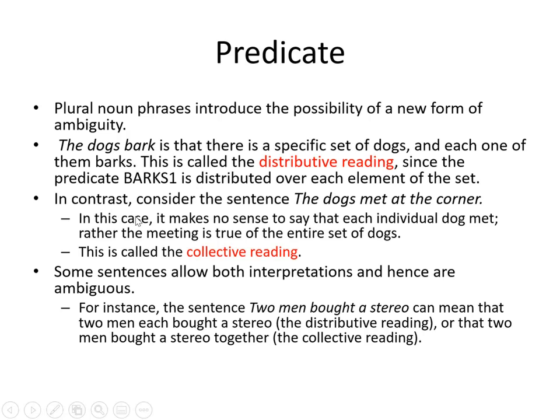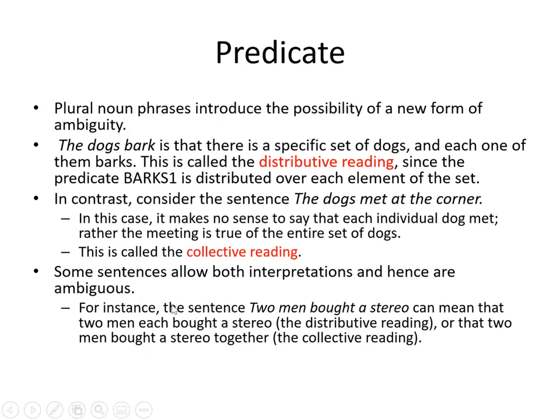Whereas if you have the sentence, the dogs meet at the corner, it makes no sense to say that each individual dog meets; rather the meeting is true of the entire set of dogs. So all the dogs who came together have a collective meeting. It is called a collective reading.